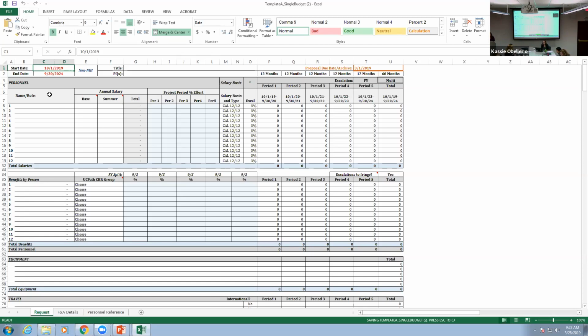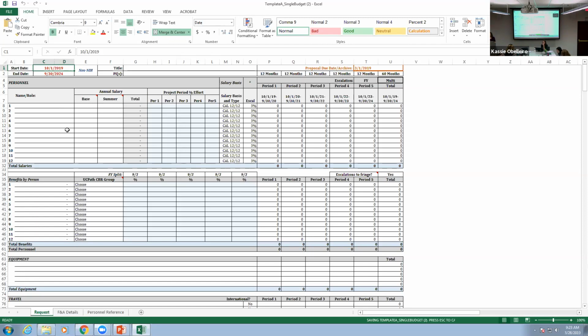In our scenario, he's asked us to draft a 3-year budget for a proposal whose submission deadline is January 1, 2019. He's provided us with the following preliminary information. The project start date's going to be January 1, 2020. We have our randomized cookie eating trial as the title, and the sponsor is NIH.